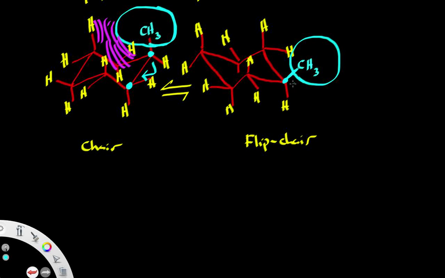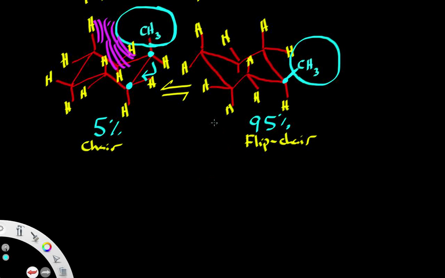Because remember, we want substituents that take up a lot of space to be in the equatorial position. And so if this is going to be energetically more favorable, we should ultimately have more product of this. And we'll say 95% product of the equatorial position, and we'll say 5% product of that in the axial position.